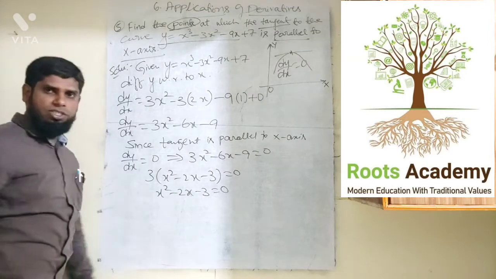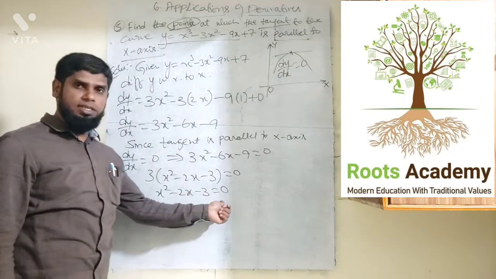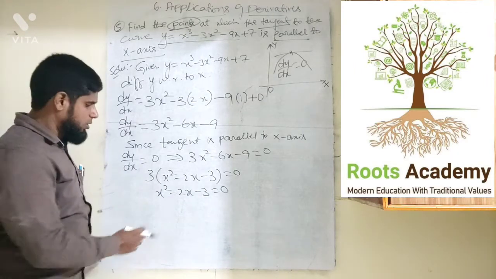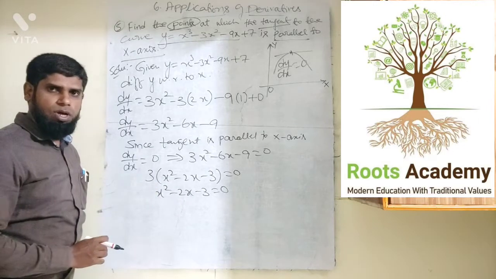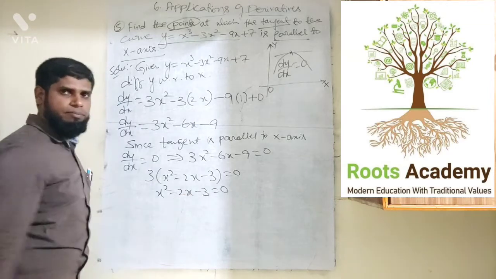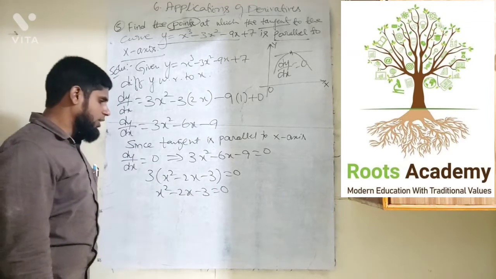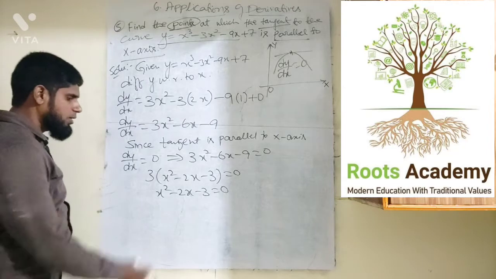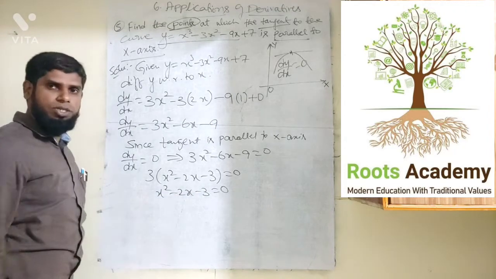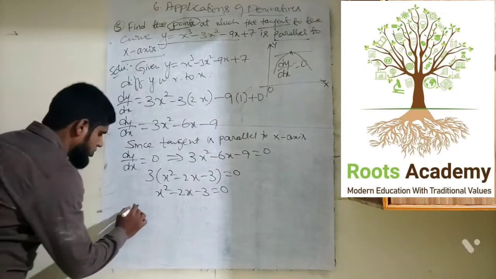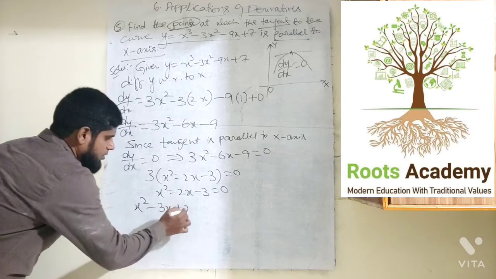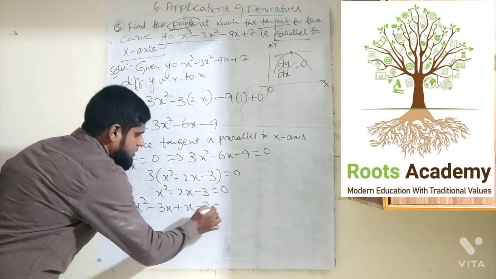It's a quadratic equation and it's easy to factorize, and it says that if I'm adding any two numbers, I should get minus 2, and the same two numbers if I'm multiplying, then I should get minus 3. So what are the two numbers? Minus 3 and plus 1, isn't it? Minus 3 and plus 1 are the two numbers. So I can write this as x square minus 3x plus x minus 3 as it is.